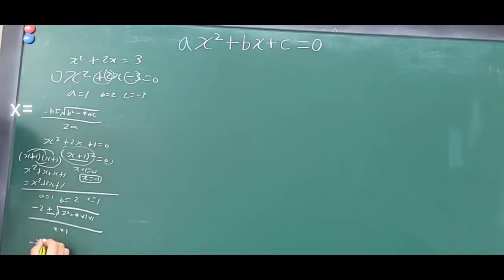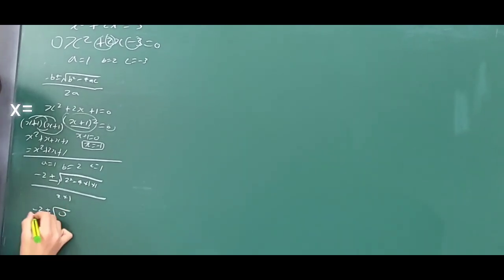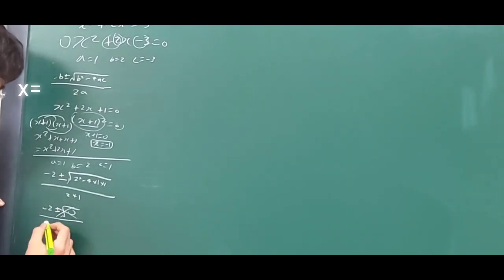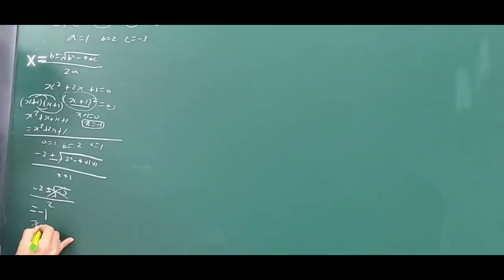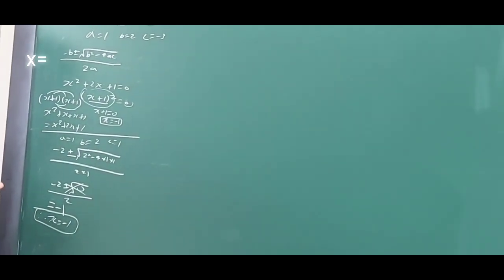That means it's negative 2 plus or minus square root of 0 over 2. Now this, we don't have to write this, so it is the same as negative 1. That means x is equal to negative 1. This and the answer is same. So this is two ways of finding a root of quadratic equation, like as far as I know.